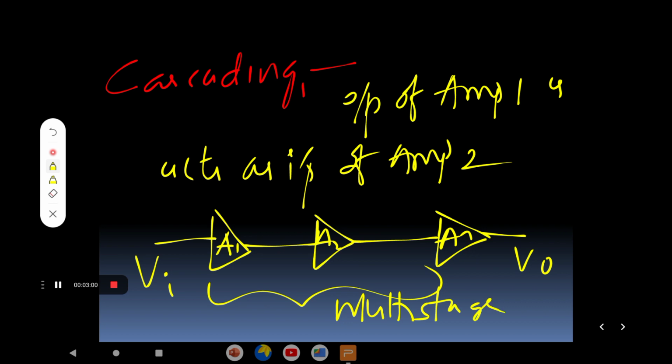Obviously there is a question, sir, what is the use of this? Why are we connecting multiple amplifiers in cascade? Is there any special usage? Obviously, without any use, we don't require such configurations. So basically we have two requirements. The first one is to increase the amplification or gain.